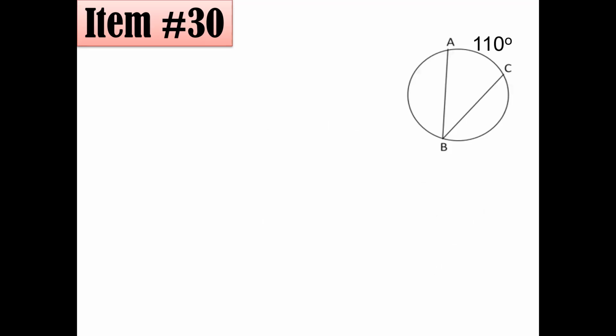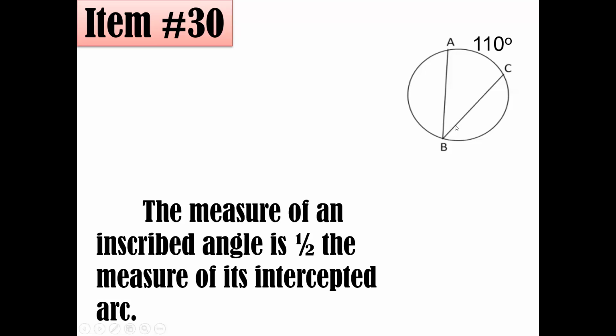Angle ABC is an example of what we call an inscribed angle. If you have a circle, an inscribed angle is the angle formed by two distinct chords that meet at a vertex which is a point on the circle. So angle ABC is an example of an inscribed angle with B as the vertex.